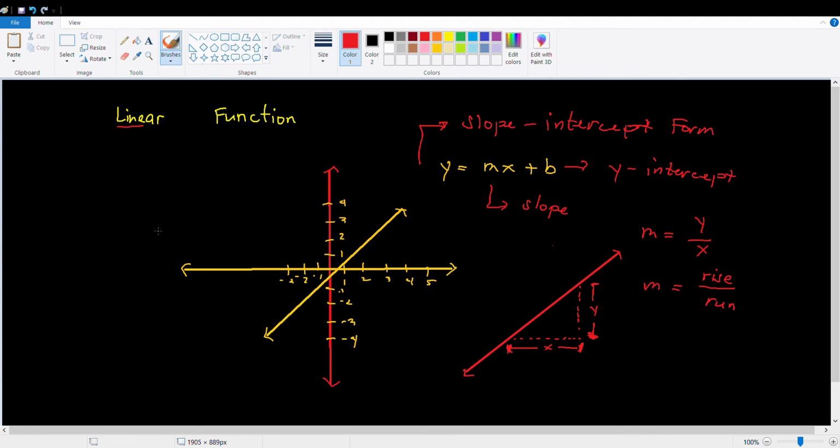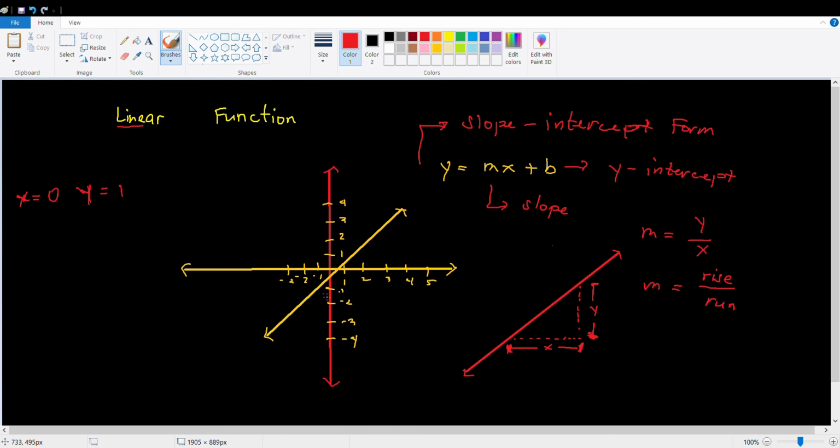So here, what I'm going to do is locate the y-intercept. The y-intercept is just when x is 0, then y is our y-intercept. So if we have y is equal to 1 and x is equal to 0, then our y-intercept is 1.